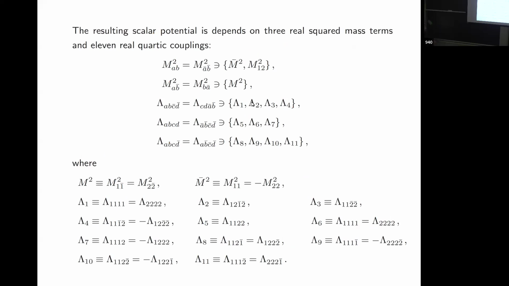The answer is that there are 3 independent squared mass parameters and 11 independent coupling parameters. And so of the 11, for instance, 4 of them appear in this lambda with 2 1 bars and 2 bars. 3 of them appear where there are no bars or all bars, and then 4 of them appear when there are 3 bars, 1 bar, and vice versa.